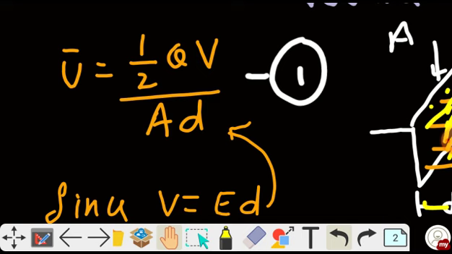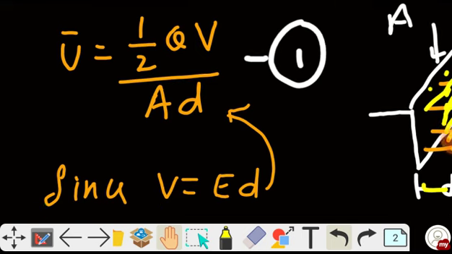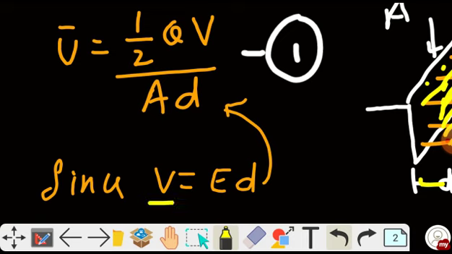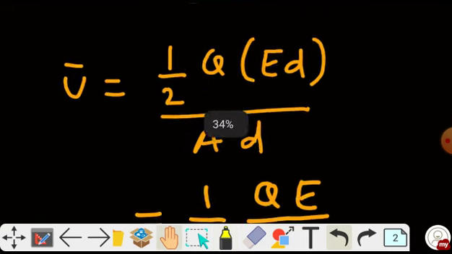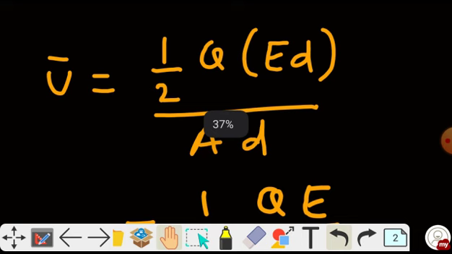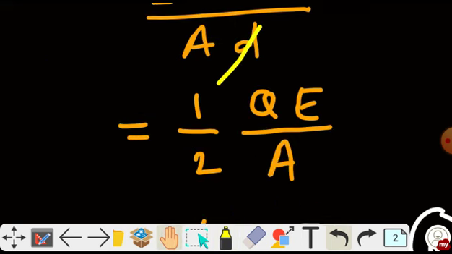So first let's convert V into E. Put V equals E into D, and the expression will look like this. This D will get cancelled out, so now the expression remains half QE by A.